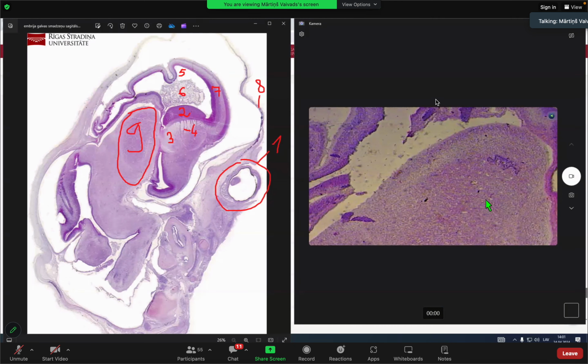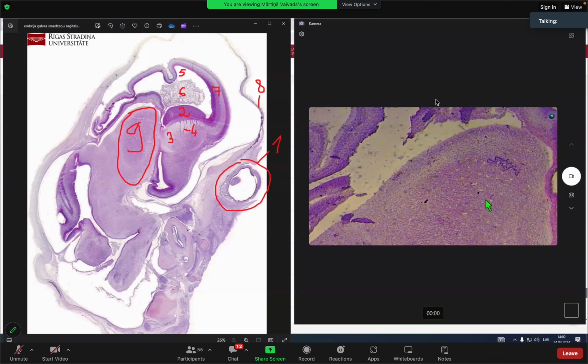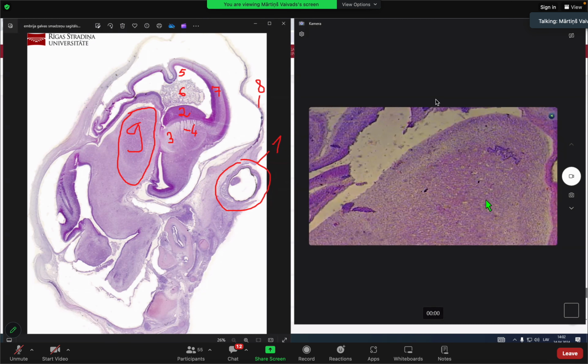So number 9, thalamus-hypothalamus region. It is quite a big area, as you can see. I hope you got this name.